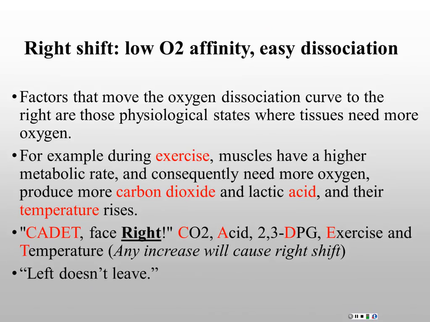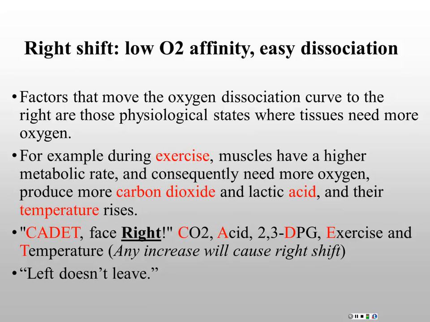We will go over it, but you should also remember the causes of right and left shift of the oxygen dissociation curve. It shows up in the exam on many occasions. If you want to remember it by exercise, you need more oxygen. With exercise, your body temperature rises, CO2 is produced, and lactic acid is produced, so you'll have more acidosis.